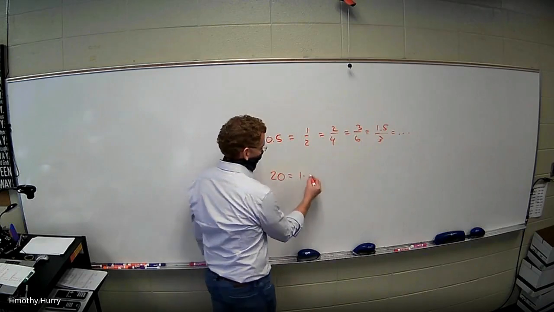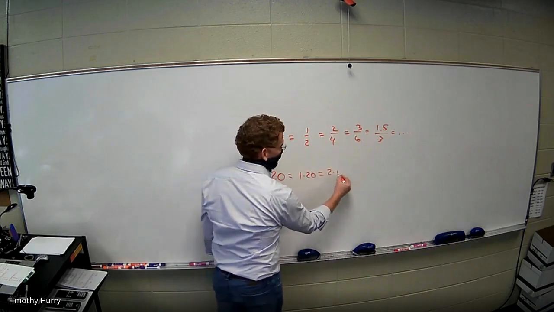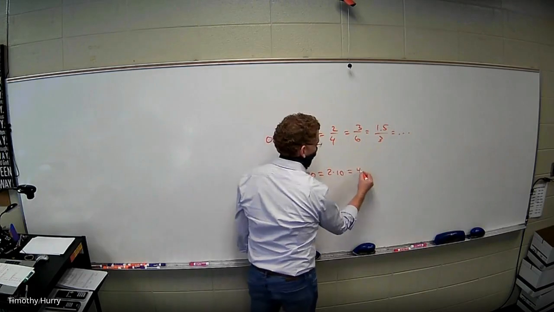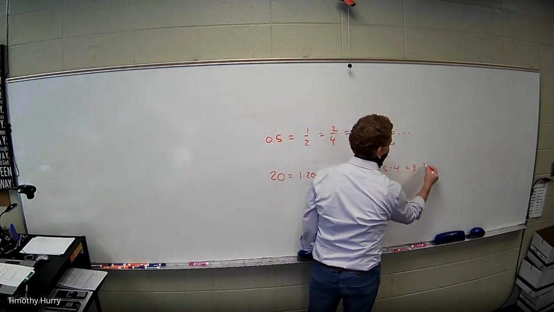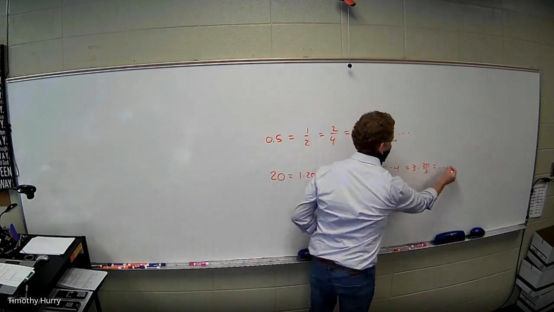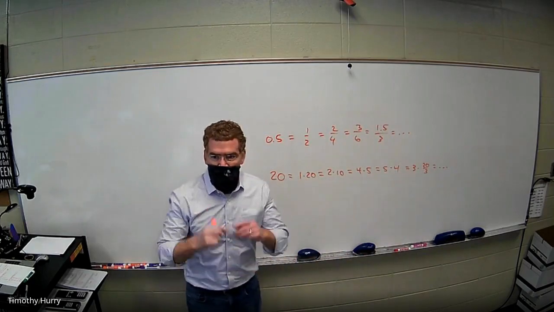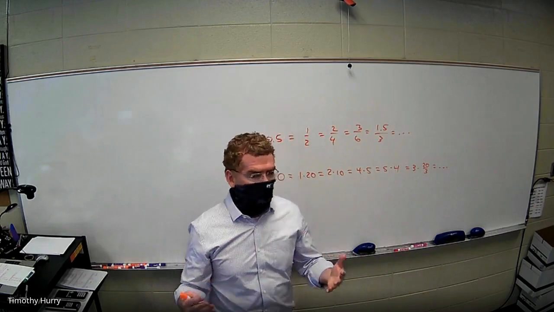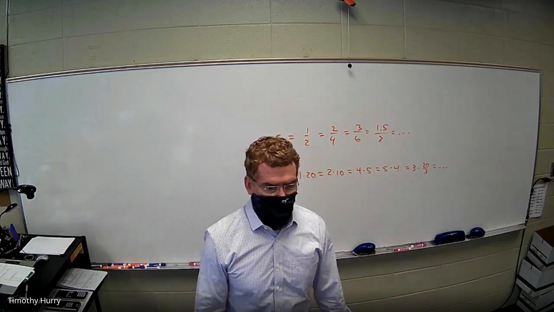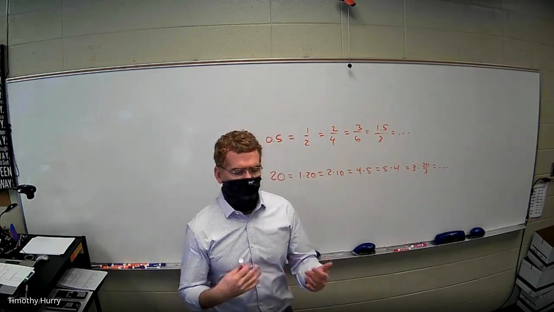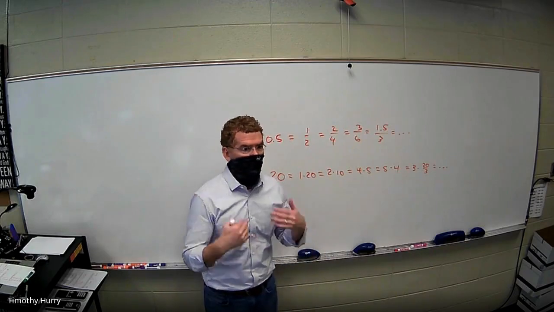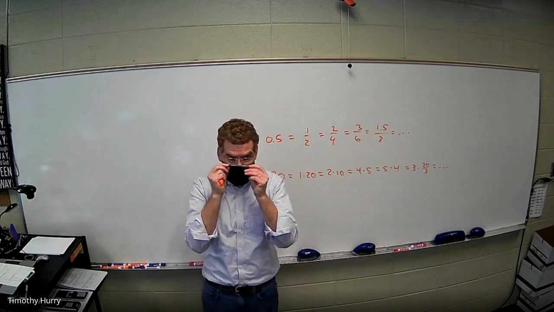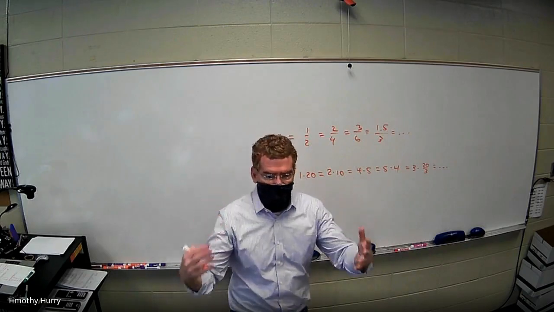Could be 1 and 20, could be 2 and 10, could be 4 and 5, or 5 and 4. Could also be 3 and 2/3. Are you seeing these? So these kinds of relationships exist all over the place. And then there's another one called jointly that I'll get into in a second. When things are jointly related, it's like you're directly related to more than one thing. And that's true too in a lot of situations.